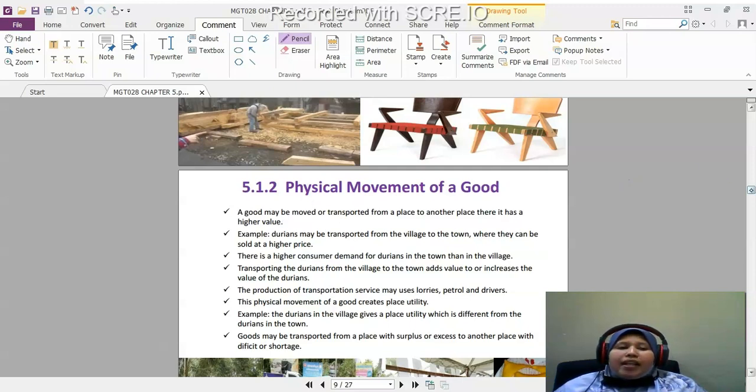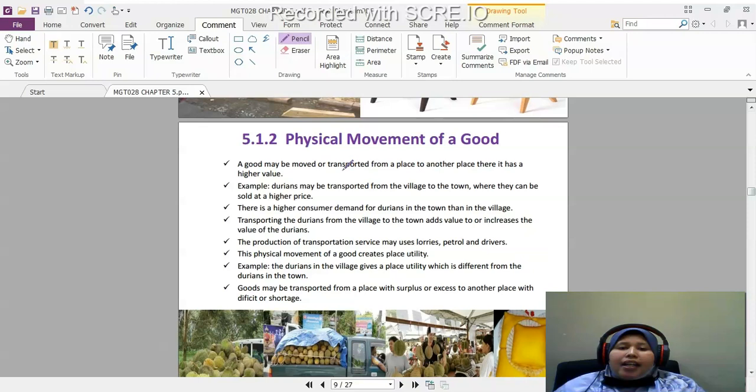Physical movement means that pergerakan ataupun kita bawa produk, kita bawa input tu kepada tempat lain. A good may be moved or transported from one place to another place where it has a higher value. For example, durians may be transported from the village to the town where they can be sold at a higher price.